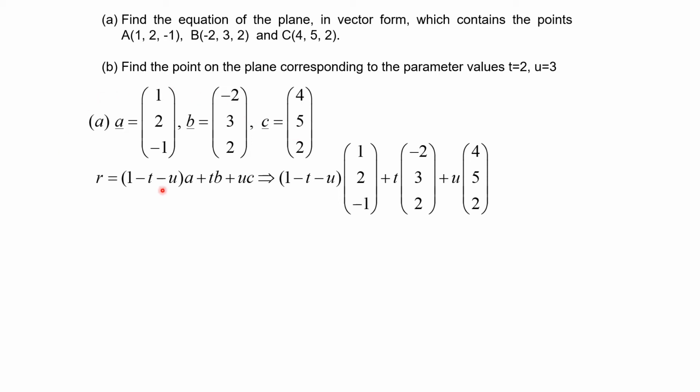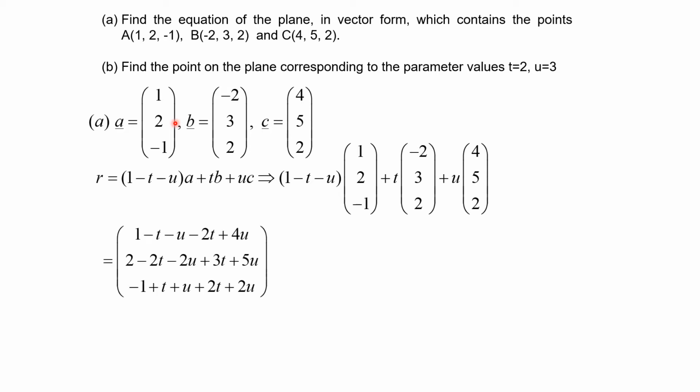After you convert the points to vectors, your next step is to use the general form of the vector equation, which is in this form. Now you have your A, which is this, your B, which is this, and your C here.